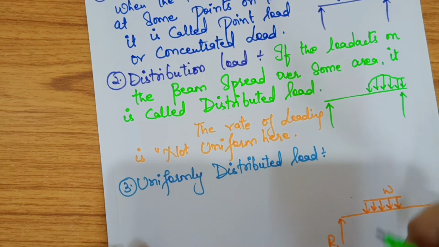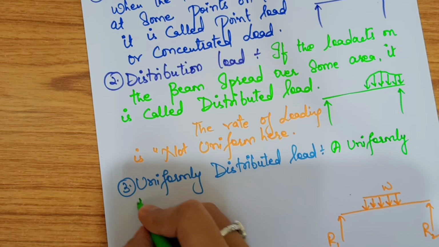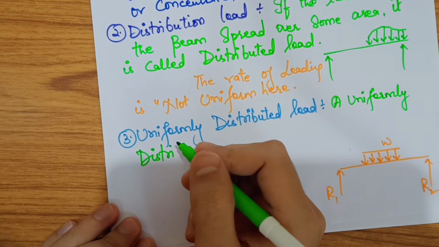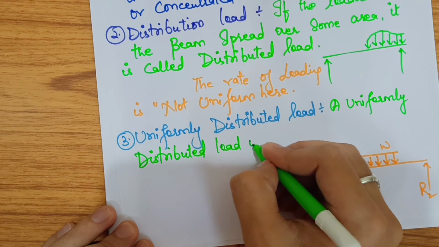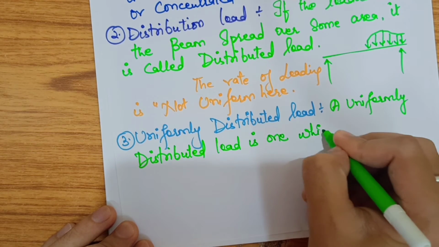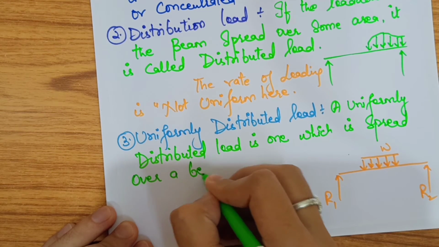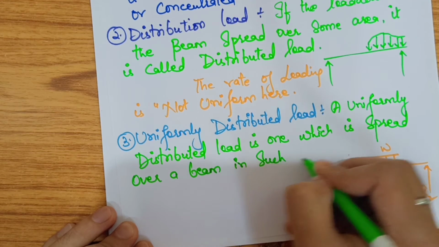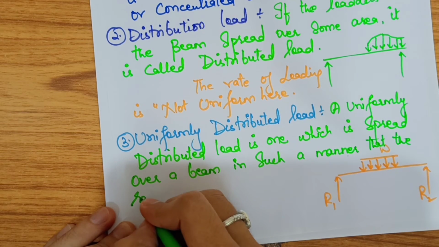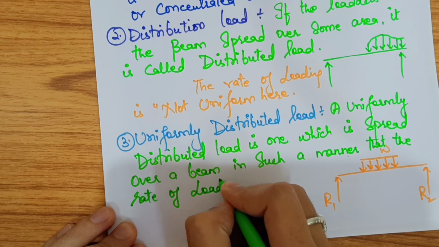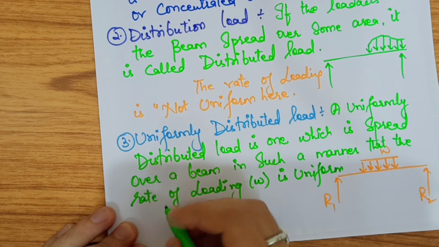So the definition is that a uniformly distributed load is one which is spread over a beam in such a manner that the rate of loading W is uniform along the length.